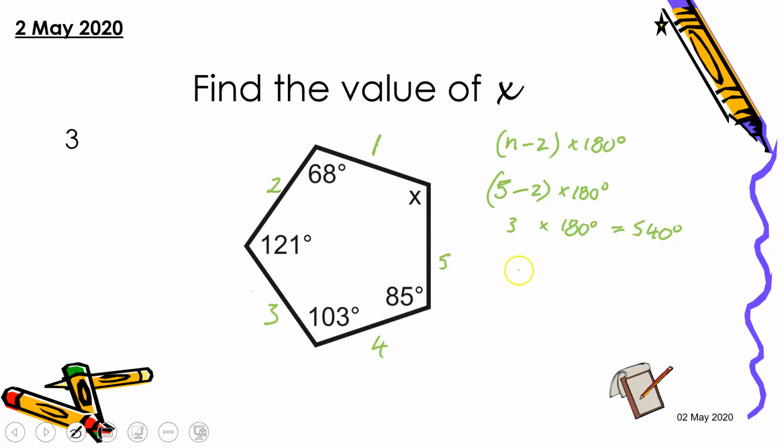So that means that 540 is made up of x plus the other angles, which are 68 plus 121 plus 103 plus 85 degrees.